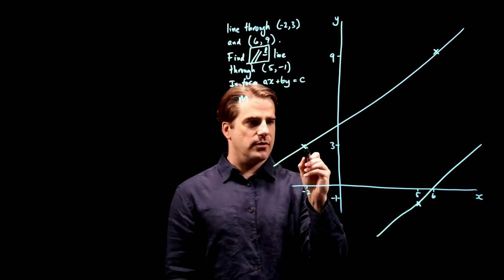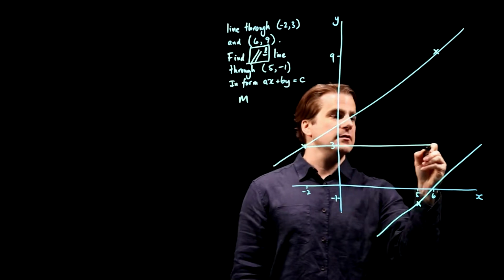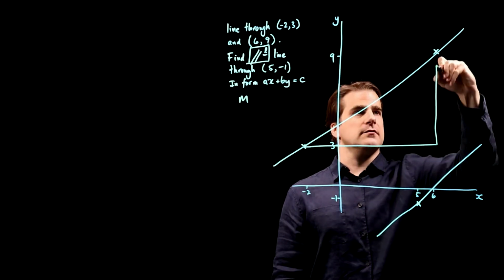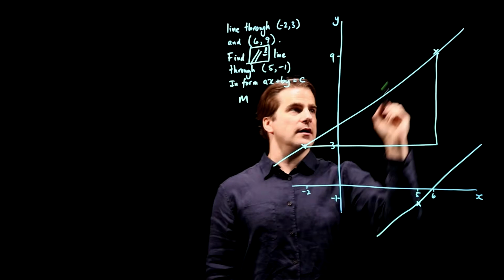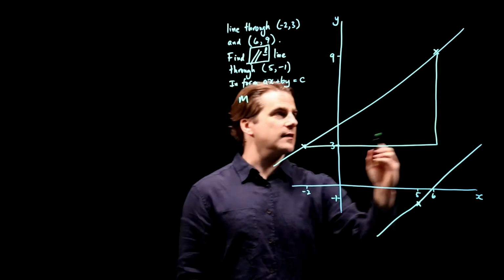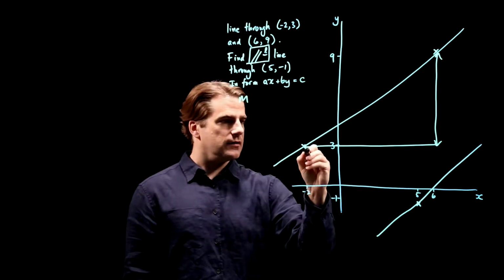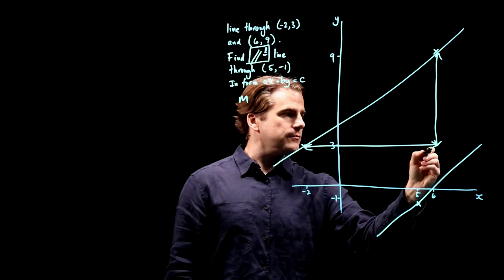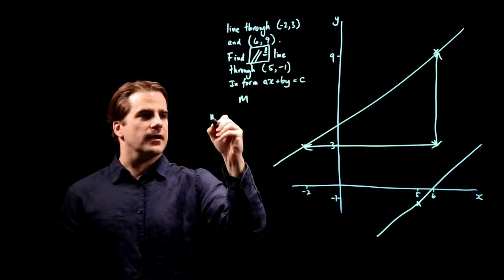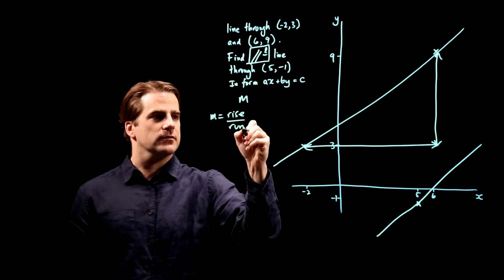So we know it goes through the point -2, 3, okay, and 6, 9. So the rise is that and the run is that. So that's the rise, that distance there, and that's the run. So the gradient m is rise over run.